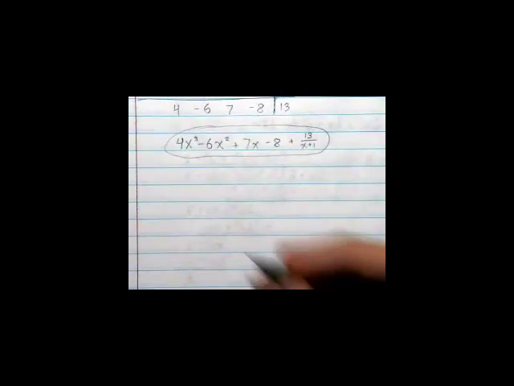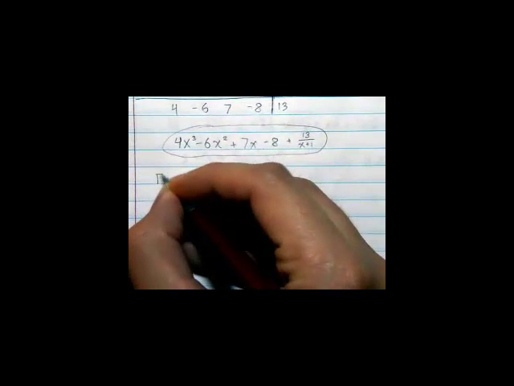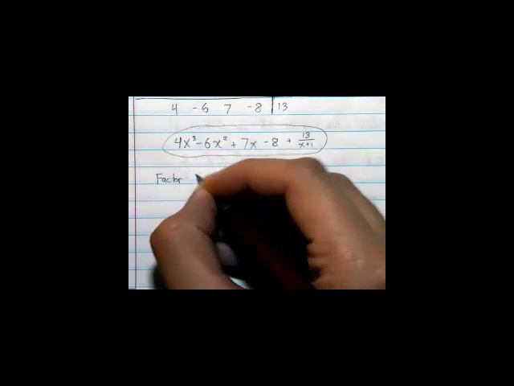Okay, so how are we going to use this stuff with all of our finding zeros? Well, we're going to do a little bit of it here today before we're done. And the first thing I wanted to talk about was the factor theorem.